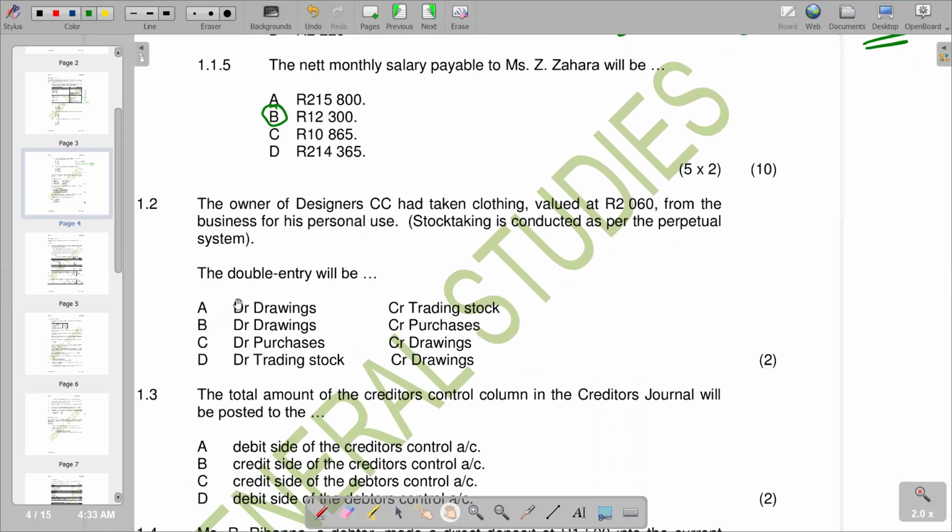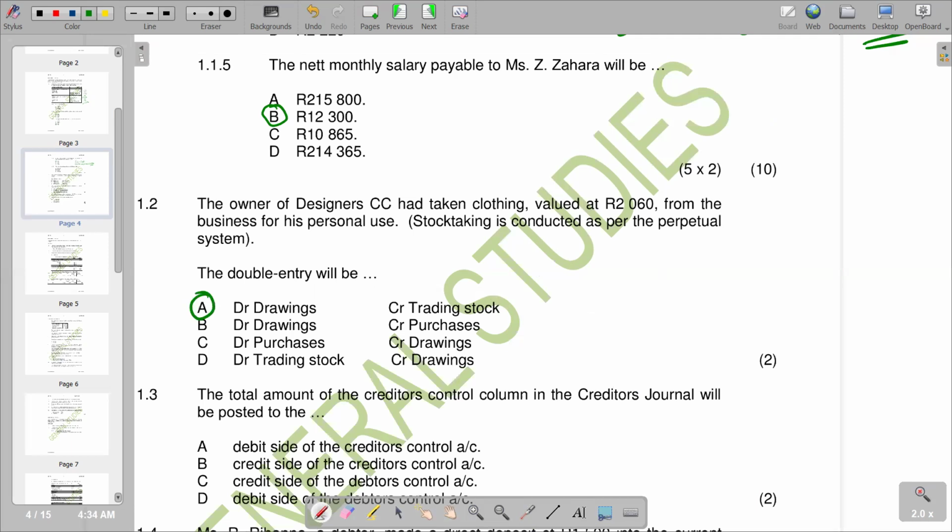So then we've got A and B debit drawings, and then we are given a hint that the owner is using the perpetual system. So remember, when we are using the perpetual system, we are going to open the traded stock account. And when you use the periodic, that's when you open the purchase account. So in this case, we are going to debit drawings and credit traded stock account, which is A. So A is the correct answer that we have there.